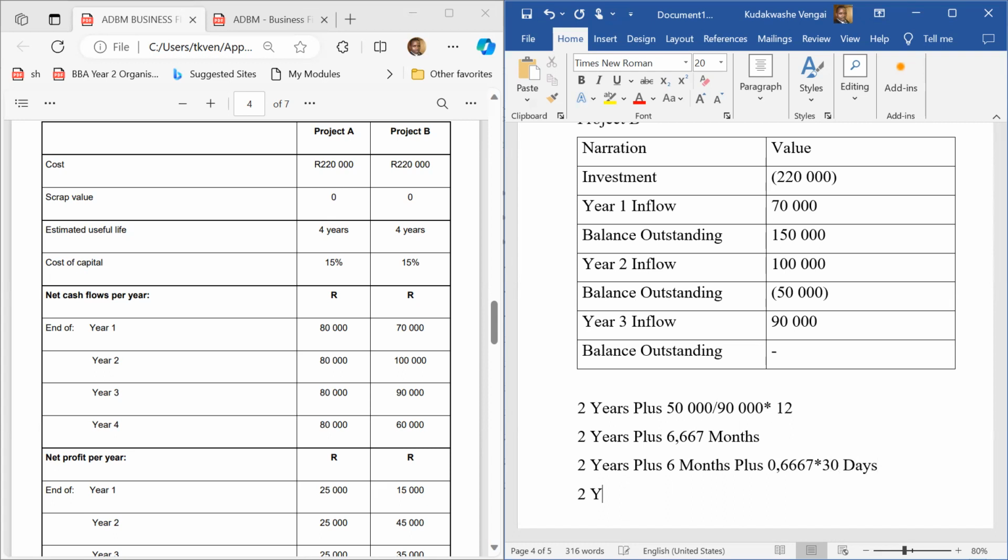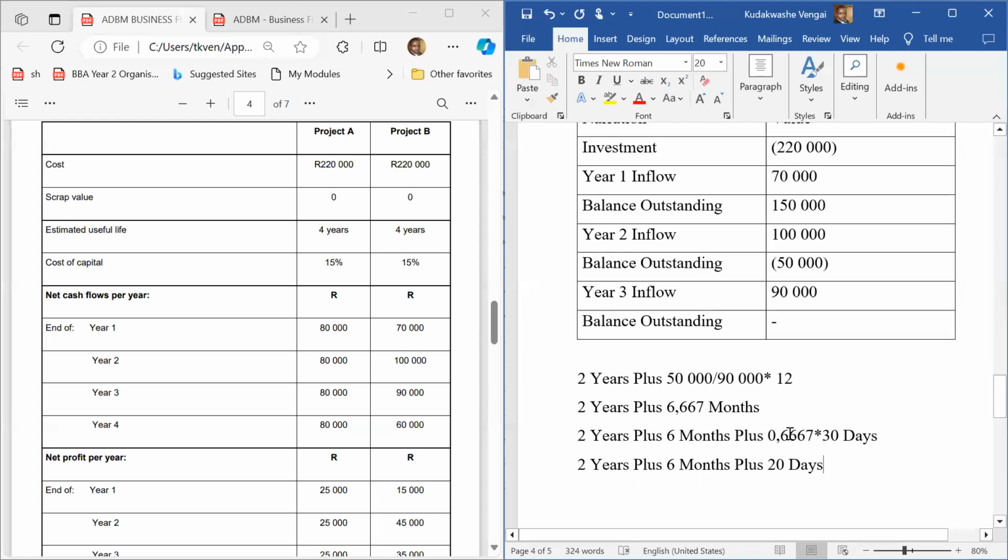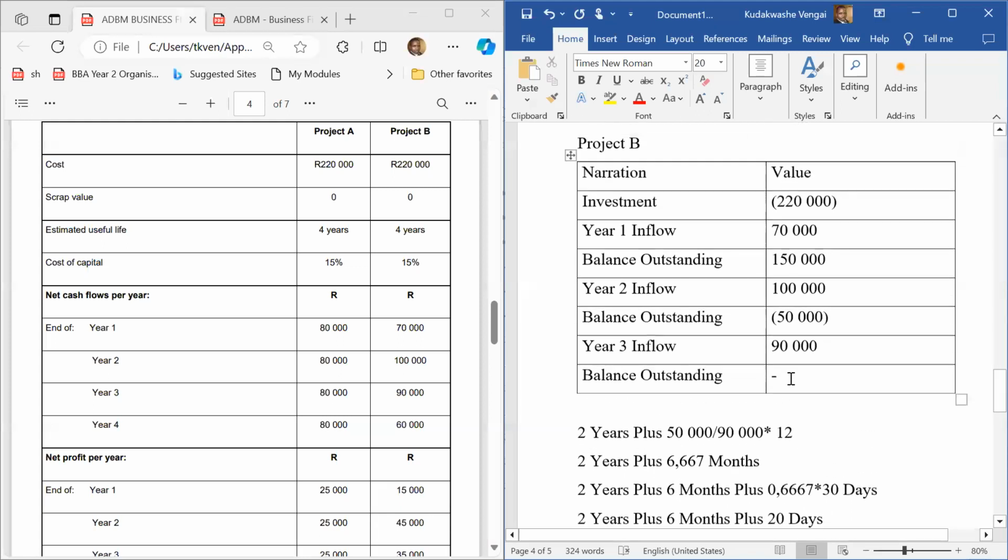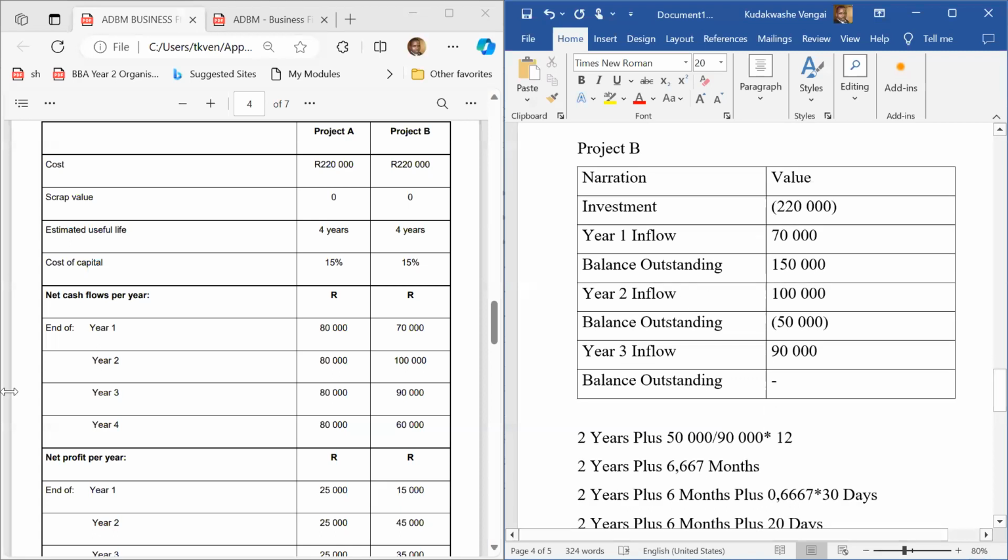So 2 years plus 6 months plus how many days? 0.6667 multiplied by 30 days. Put that in a calculator, and that gives you 20 days. So that's my final solution for project B.